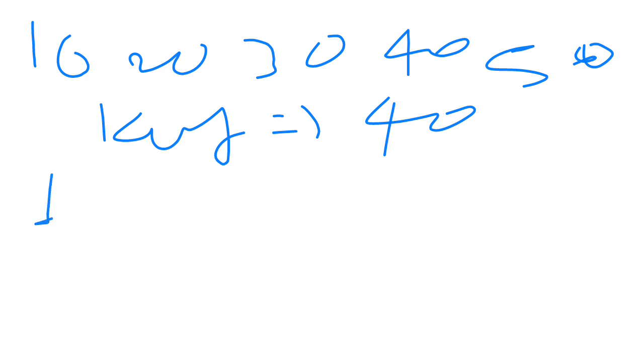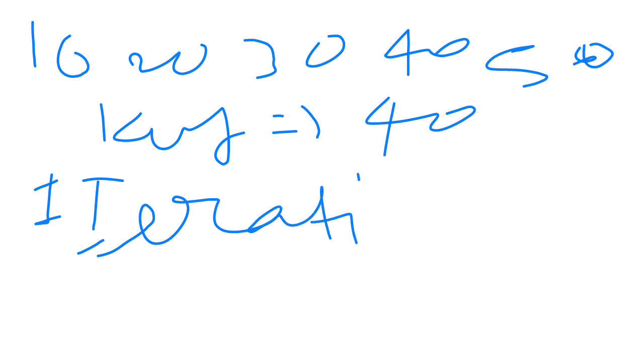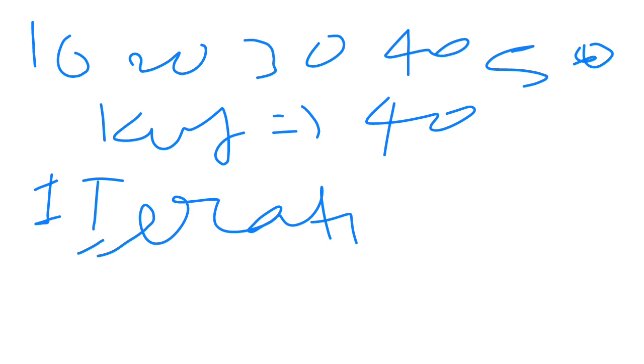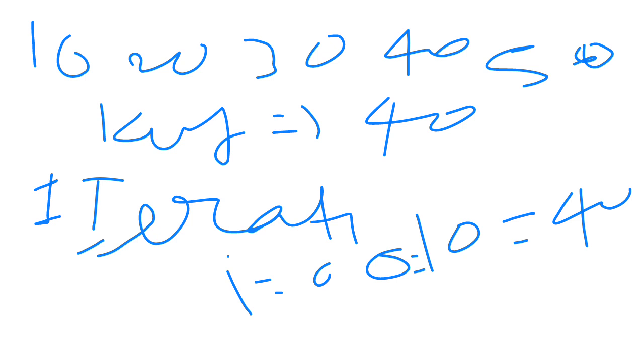First iteration: i is equal to 0, array value 10. Is 10 equal to 40?